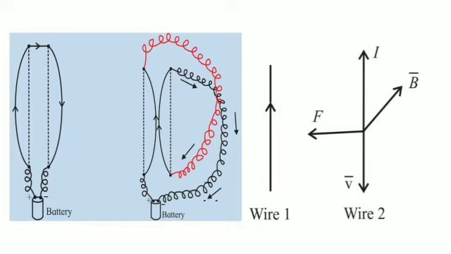Now in the second diagram where you have wire 1 and wire 2, how can one account for the force on the neighboring current carrying wire?